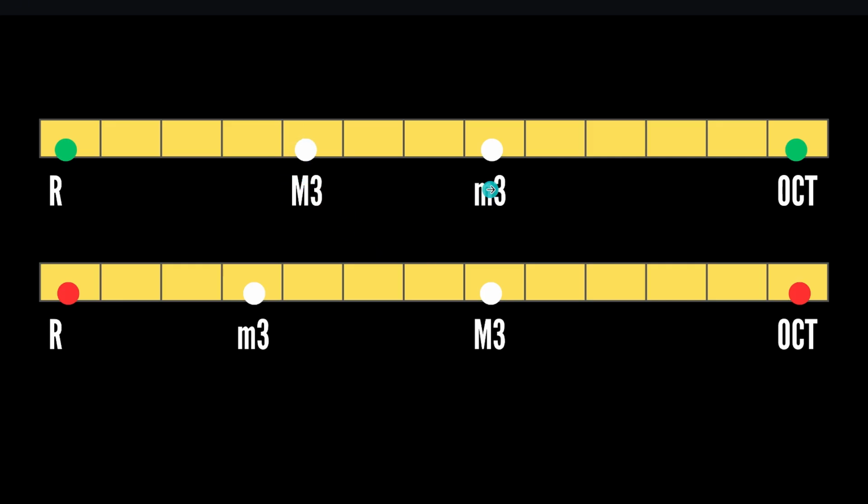So let's first look at this. From our root to our major third to what was our perfect fifth, you'll notice that from our major third to our minor third, if I count up 1, 2, 3, that's a distance of 3, okay? But now if I go down here, 1, 2, 3, our minor third is still a distance of 3.